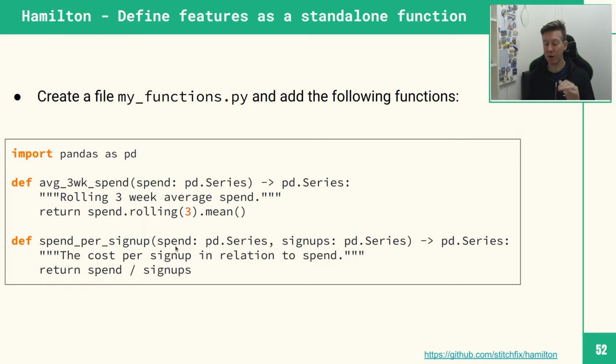They can go and write the code in their own Python module. They can define a file called my_functions.py. They can compute the features, and they're going to use the spend column to compute them, or the spend and signups columns, and then they can define this and test this independently. So many different data scientists can work independently on this same huge data frame that's going to be used to train a lot of models.